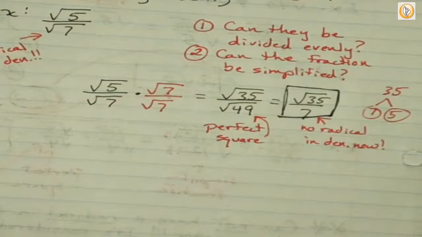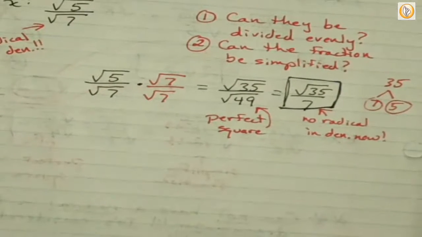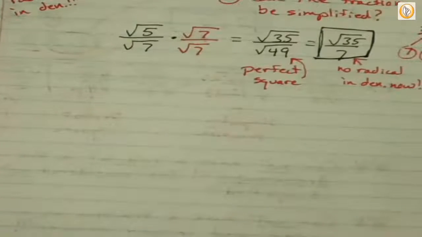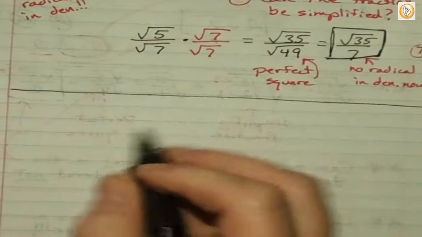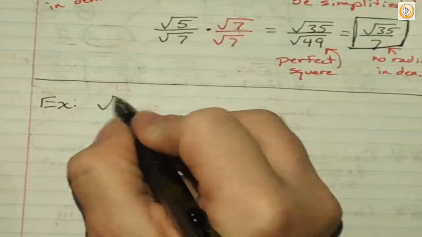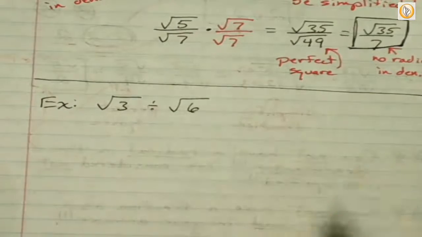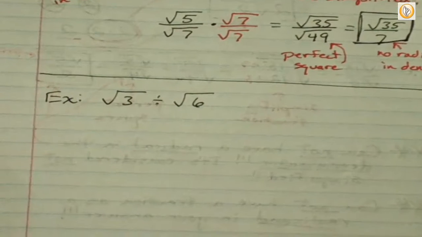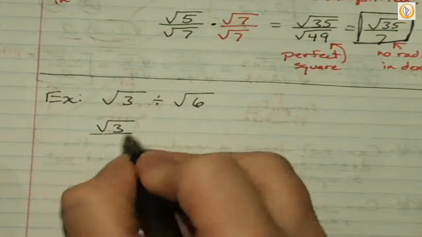Any questions? All right, let's do another one. Square root of 3 divided by square root of 6. Okay, so we're going to write it as a fraction.